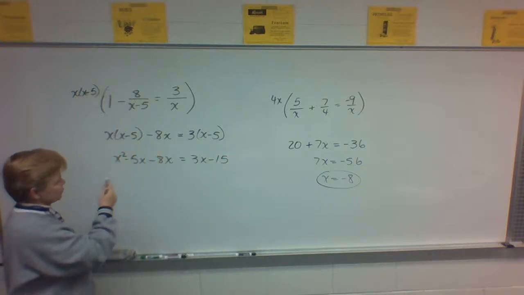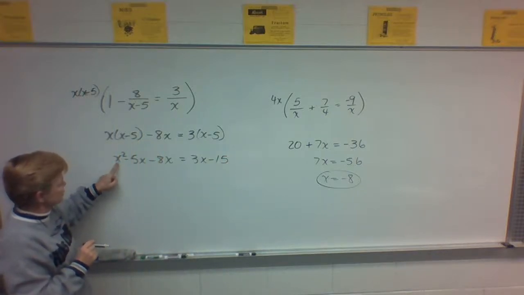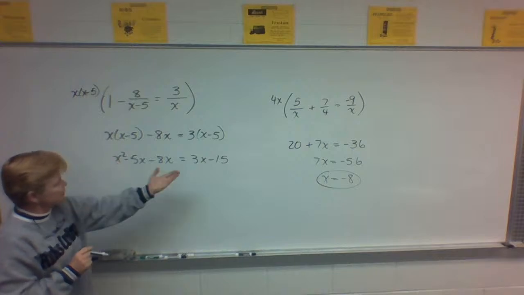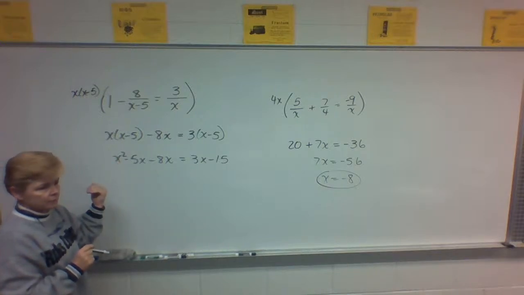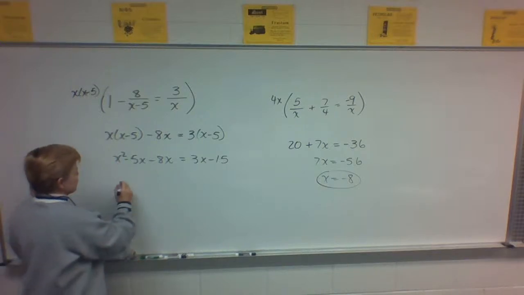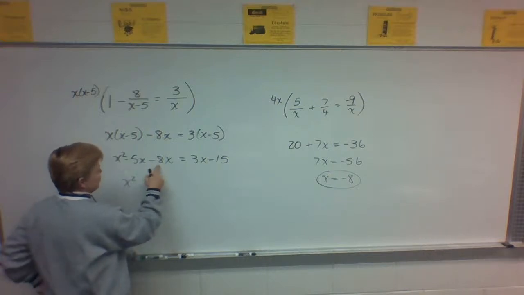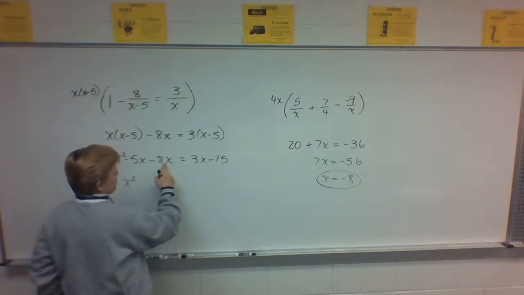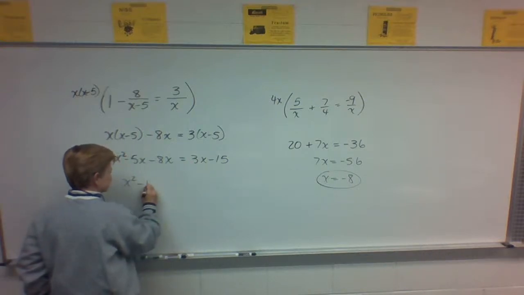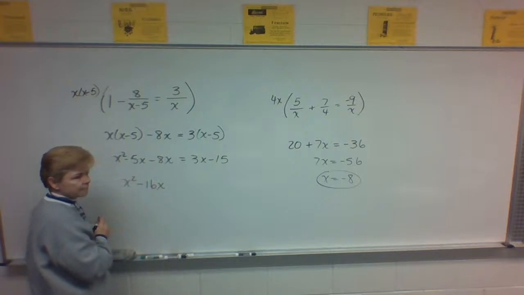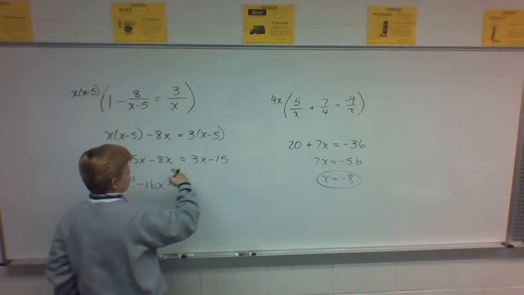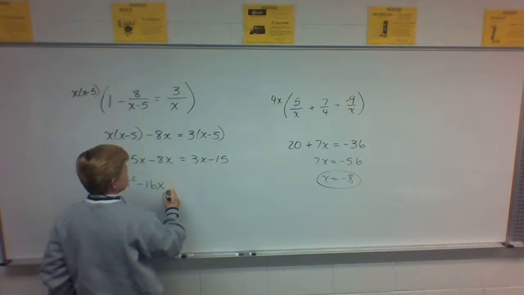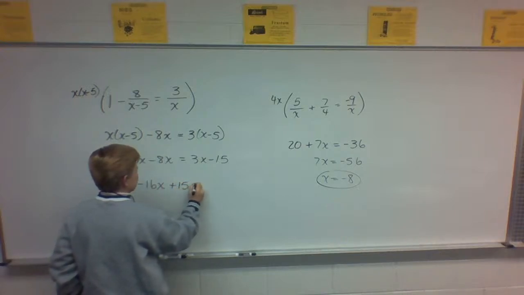At this point, you might recognize you've got a quadratic, and the quadratic term is positive on the left, so I'm going to bring those guys over here as I combine. Is that okay? I have x squared, and here I have a negative 13x, minus 3 more x's is negative 16x. Can you handle that in one move? And I've got to bring that 15 over to it. It's the only constant in the problem, so it's going to be plus 15 when I bring it over, equals 0.